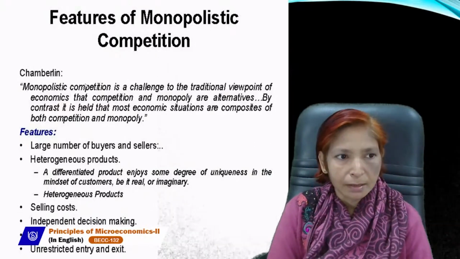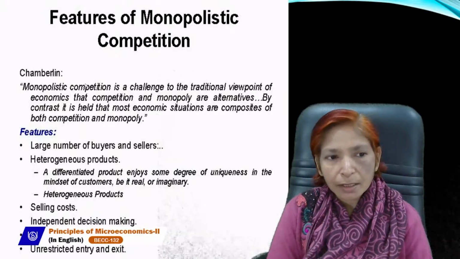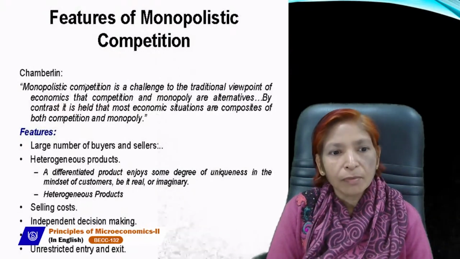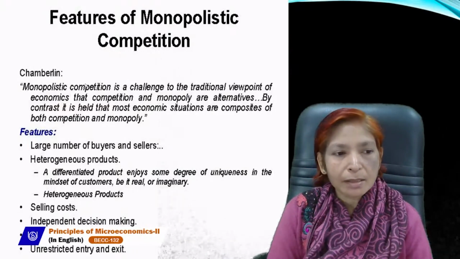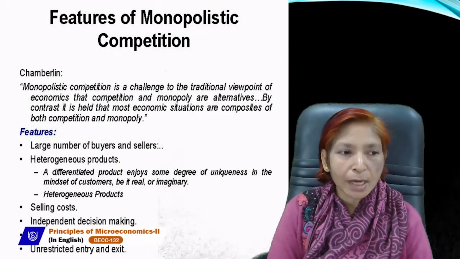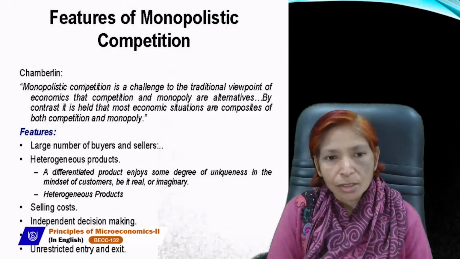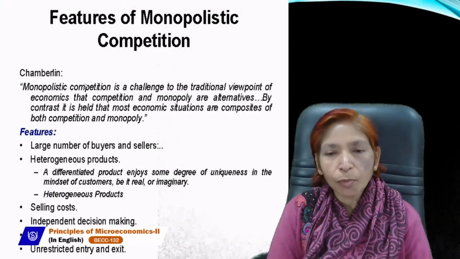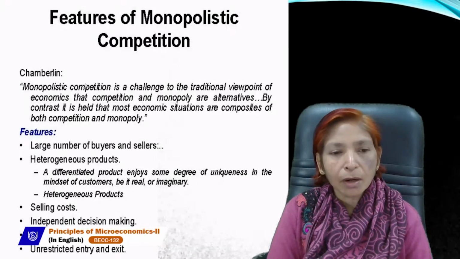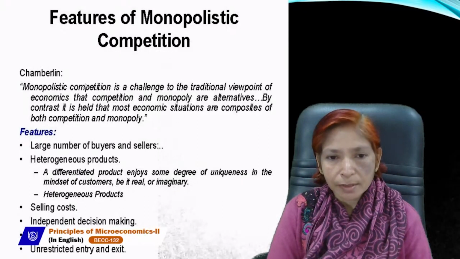Next are the features of the monopolistic competition market. Professor Chamberlain defined it as a market in which a very large number of buyers and sellers exist. According to him, monopolistic competition is a challenge to the traditional viewpoint of economics that competition and monopoly are alternatives.